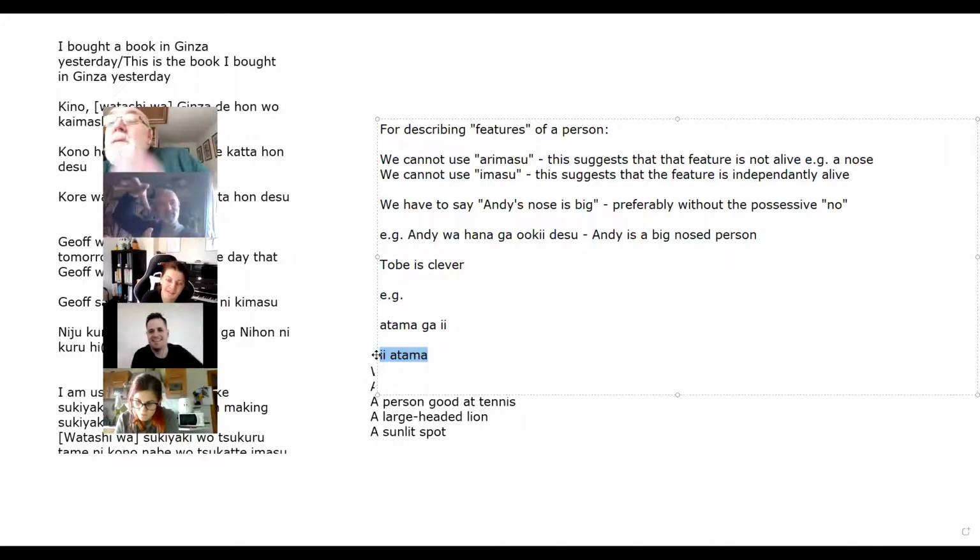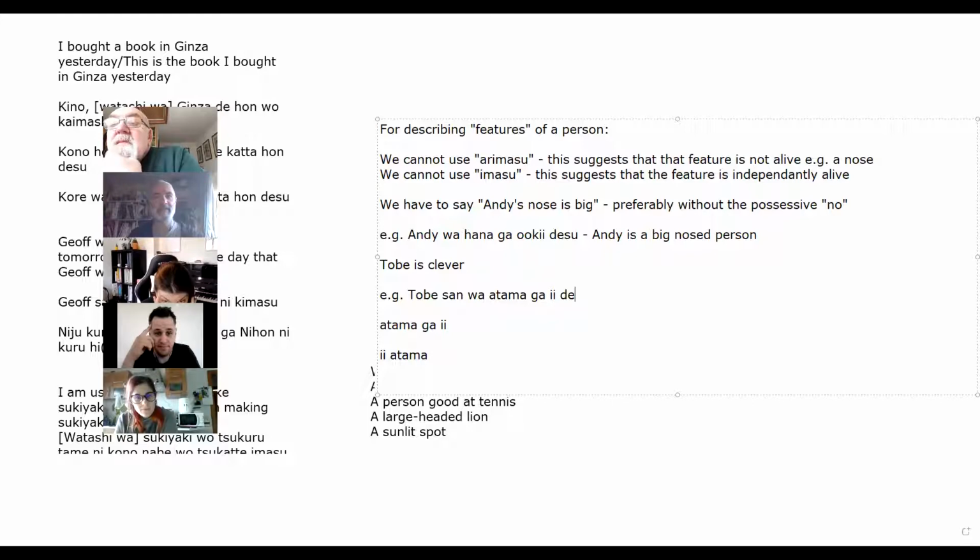Yeah, we have to say Toby's head is good, or Toby is a good-headed person. So in this case, Toby, how would you say this? Toby-san wa atama ga ii desu. Yes, exactly. Atama ga ii desu.